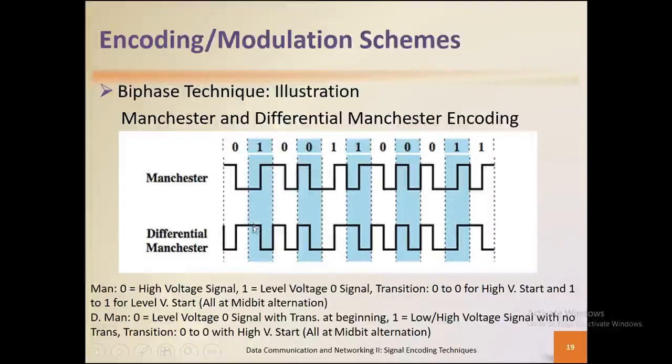The first one that we have is at a high, but you notice the other one at a low. Another one has got a high. The next one has a low, a high. So it can get a bit tricky, but I guarantee if you start working it out with various bit sequences, you start getting to understand the way the encoding techniques are really applied within the signal transmission.